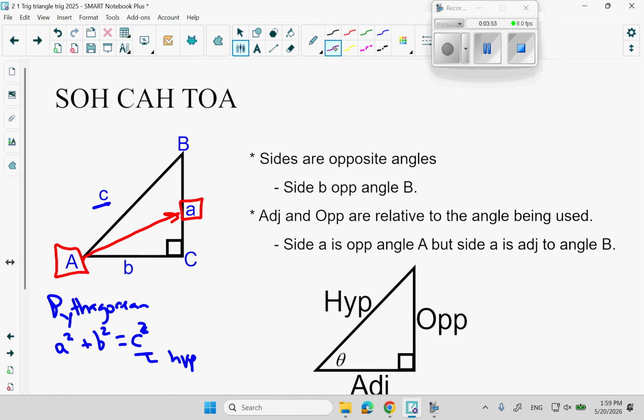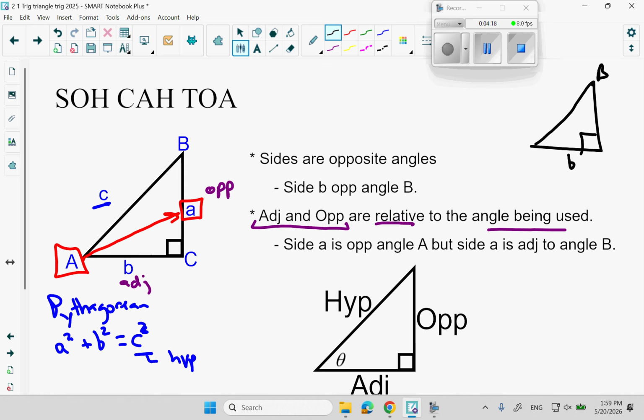An important distinction, adjacent and opposite are relative to the angle being used. So from the perspective of A, little a is my opposite, and little b is my adjacent. But if I were to draw the exact same triangle, need more room, b, little a, c, little c.